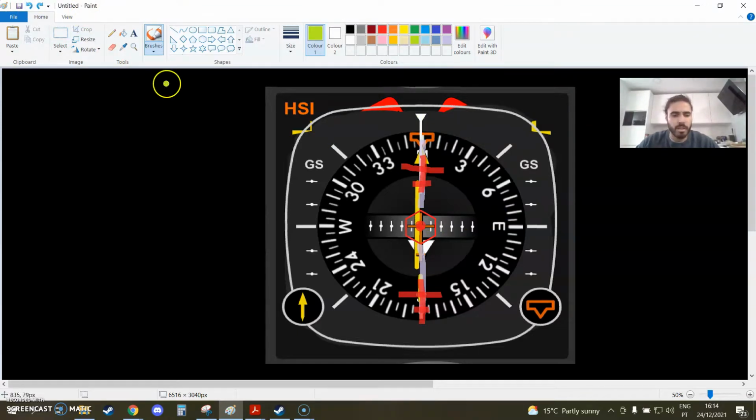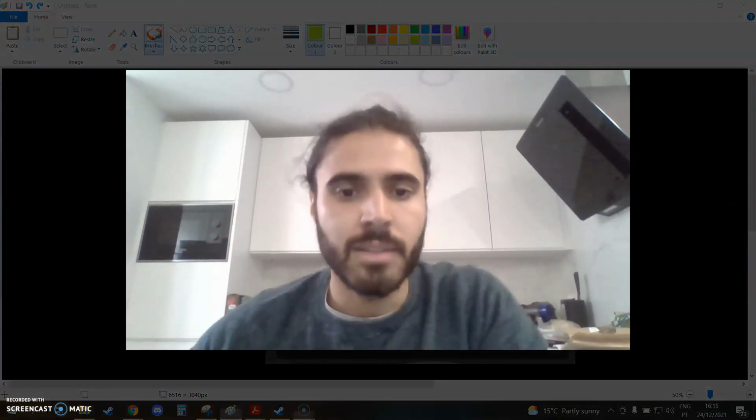There are simpler methods to get to this information of where am I in an HSI, but they do not give you this know-how of looking at the HSI and seeing a map, which is going to be really important in the next lesson, on how to maintain this radial, because I just discovered on which radial I was, but now I want to know how to maintain it, and how to intercept other radials. And that's going to be in the very next video.